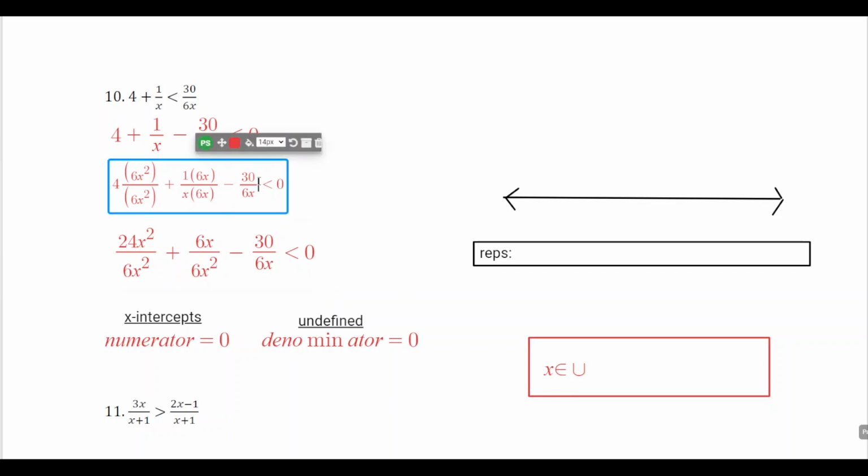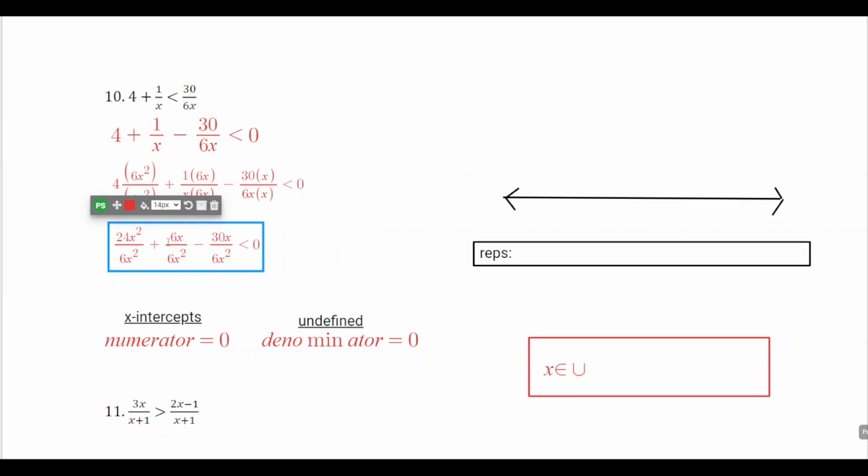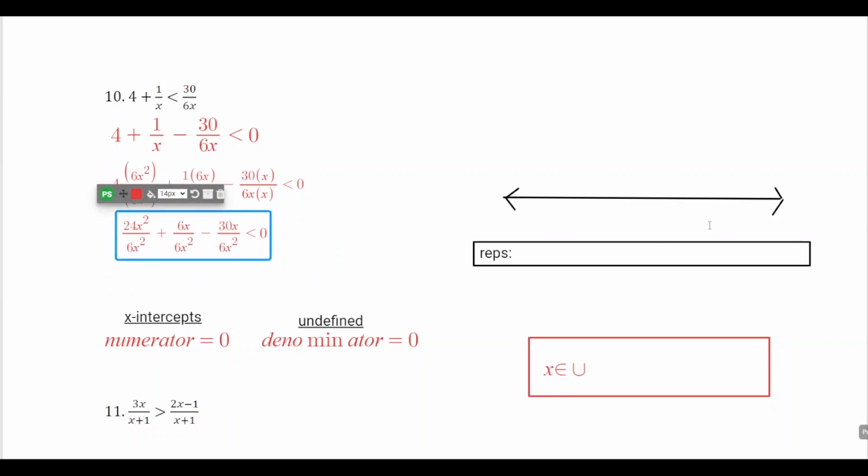I need an extra x over here so that I have the common denominator. So this will be 30x over 6x squared. Okay, so now I got my common denominator, so I can combine them all, and I should be ready to start finding the numbers for my number line.